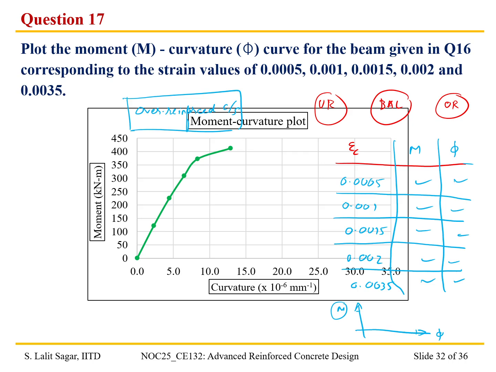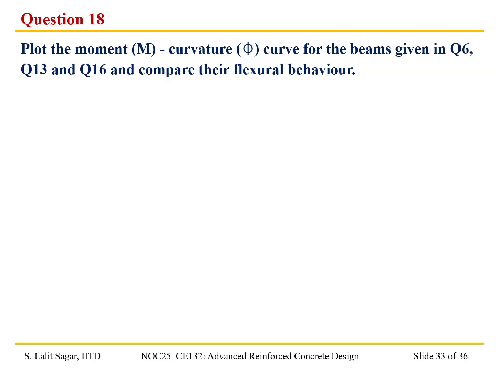Now we'll try to summarize today's class or today's live interaction session using another plot. That is, we are going to compare the moment curvature plots, as I said, for the under reinforced section, then for the balanced section, and then for the over reinforced section.